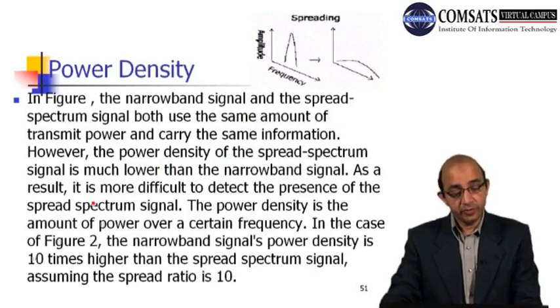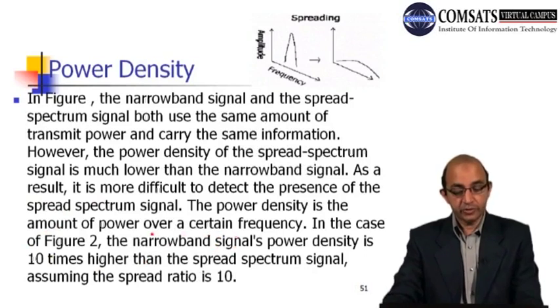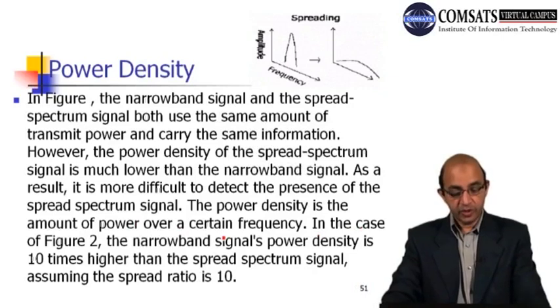But the power density of the spread spectrum is on the lower side as opposed to the narrowband signal. So this results in more difficult detection of the presence of the spread spectrum signal, since power density is the amount of power over a certain frequency, right?